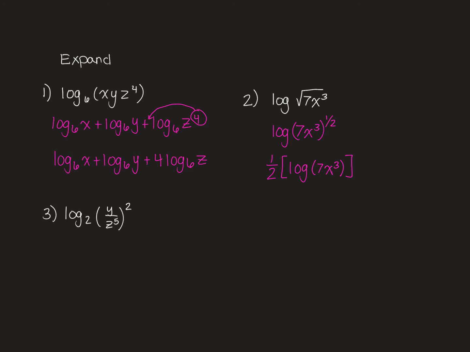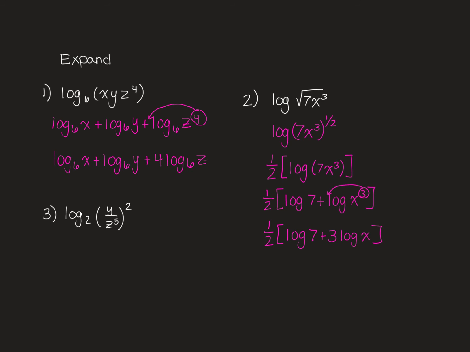So now we need to rip apart that 7 and that x to the 3rd. So since they are multiplied, we are going to add them. So we have log of 7 plus log of x to the 3rd. The only other thing we have to do again is a power property, so we're going to kick that 3 out front. So we have 1/2 log of 7 plus 3 log of x.